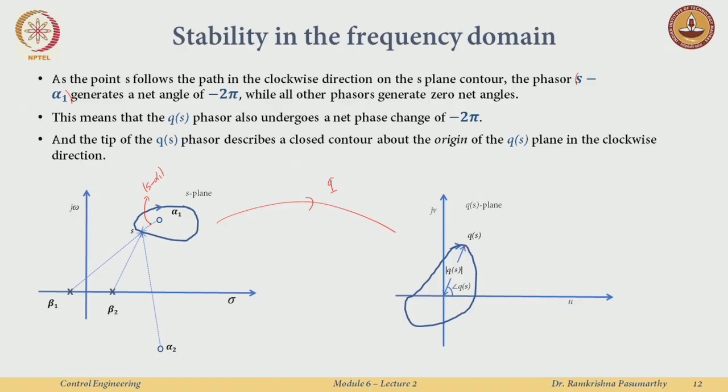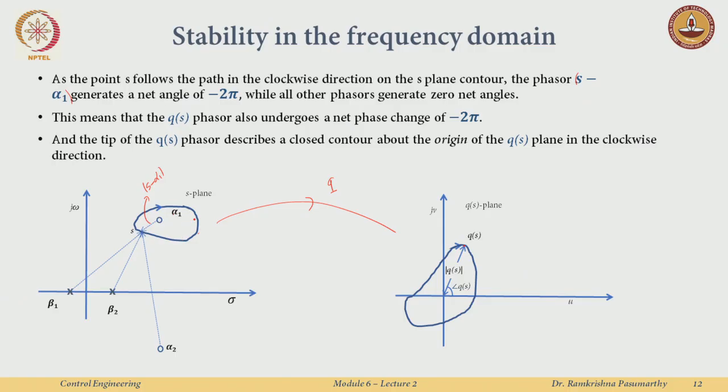Again, I have here two zeros, alpha 1 and alpha 2, and two poles, beta 1 and beta 2. I pick alpha 1 and generate a contour along it in the clockwise direction.